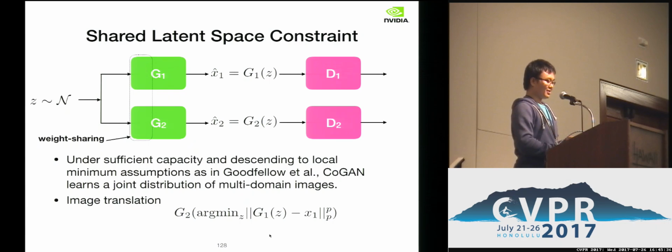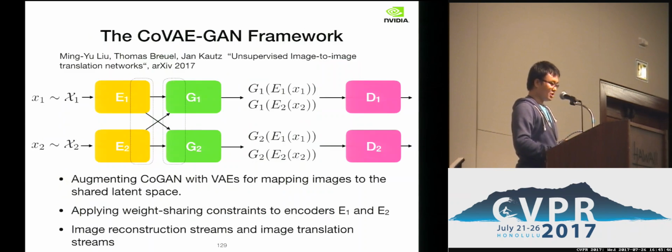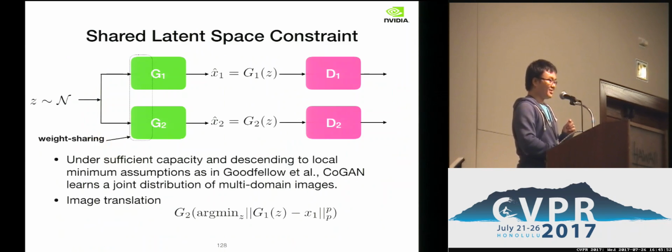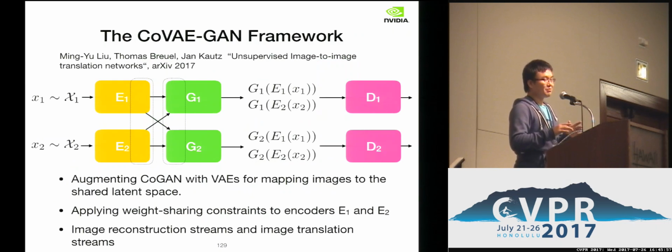One is it's slow, and the other is you have to define the image similarity metric. If you use Euclidean, again, it can be blurry, so it's not so desirable. One more thing: this is an unconditional model. It's based on Z. So this motivates us to do the conditional model.